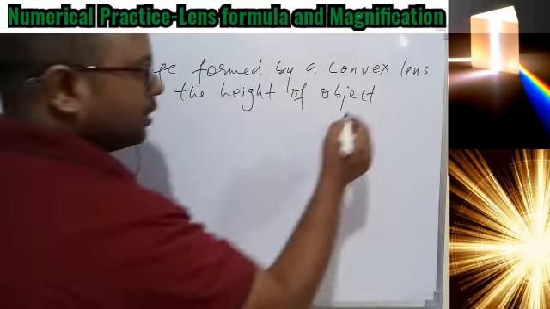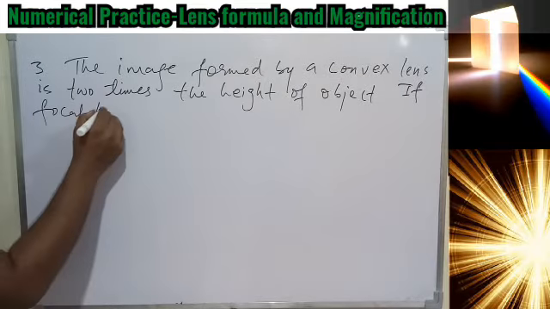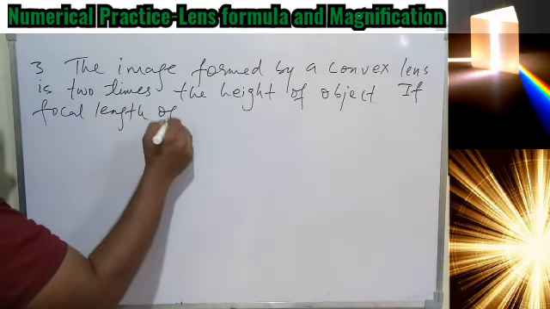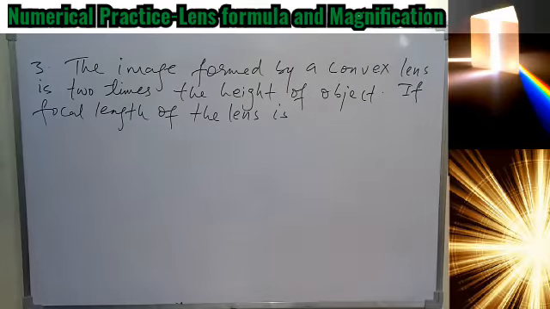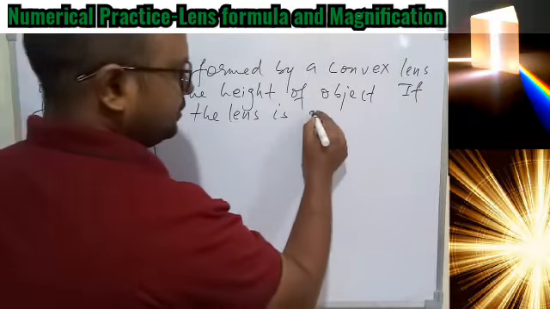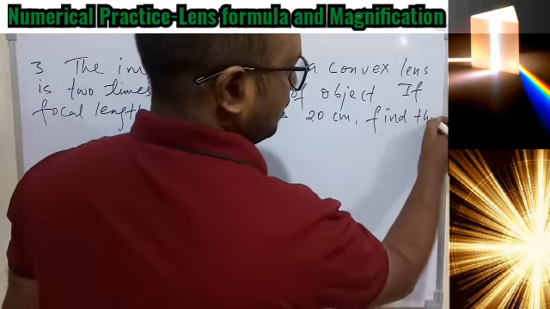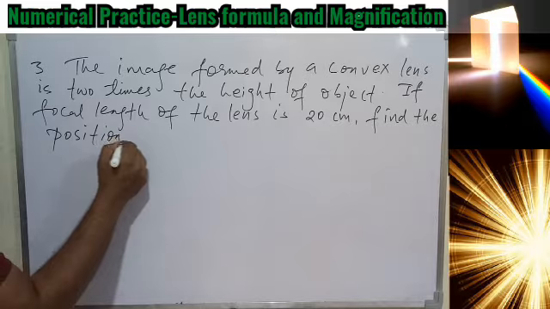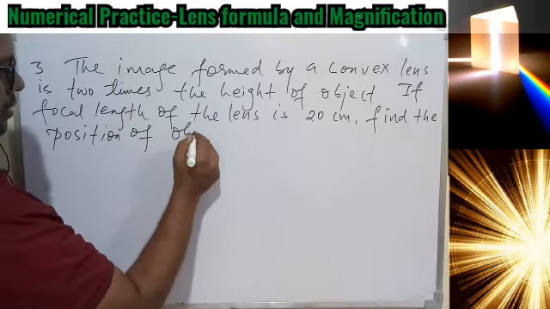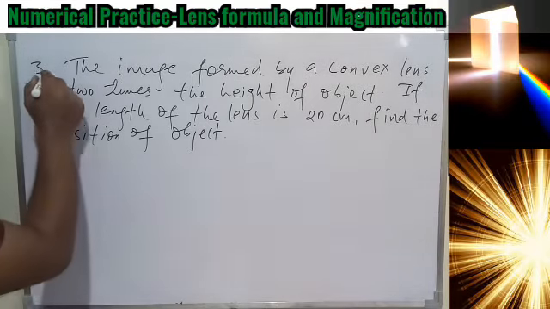Okay, and if focal length of the lens is 20 centimeter, find the position of the object. So let's see what is given to us. So that is number 3.